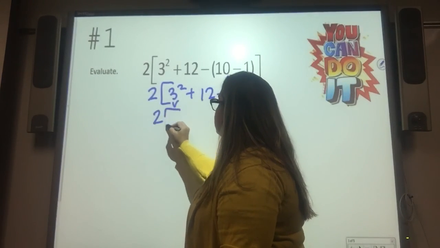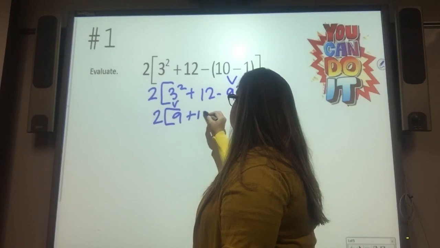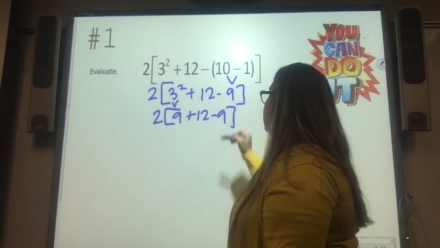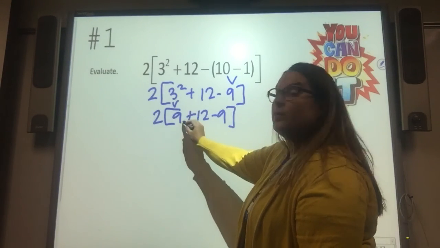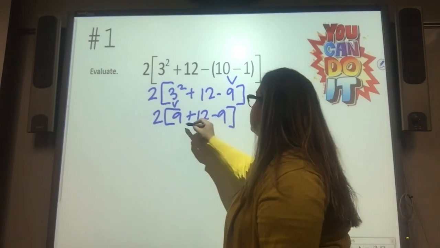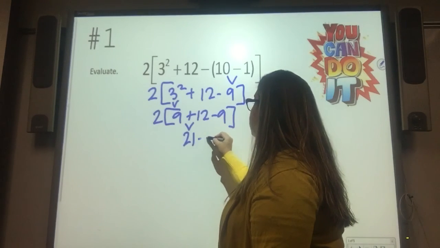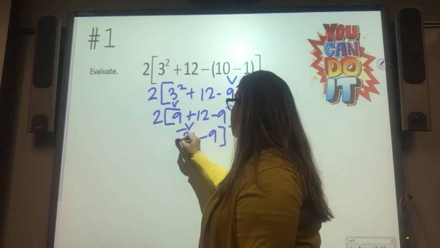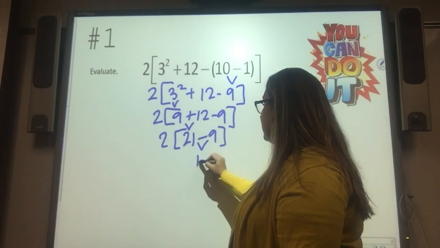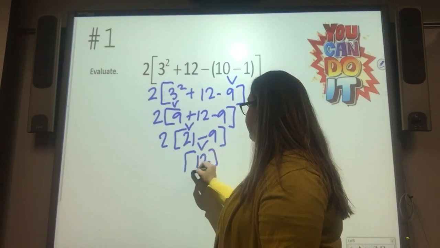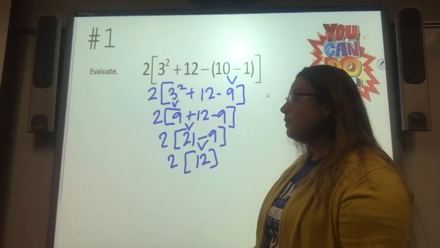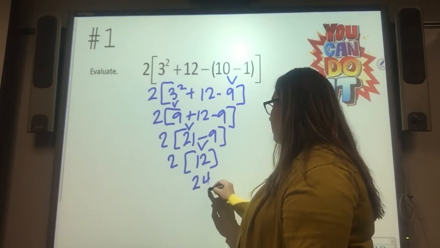So I've got 2 times the quantity 9 plus 12 minus 9. And now I'm going to work left to right with addition and subtraction. 9 plus 12 is 21. Minus 9 is 12. And 2 times 12 is 24.